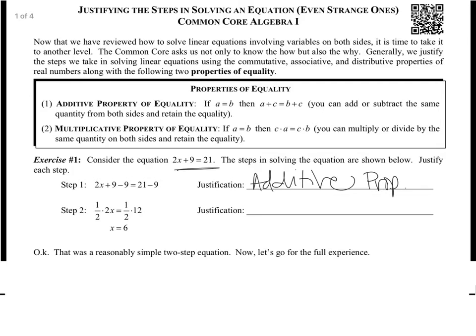And then the next one, where you multiplied by 1/2, that's the same thing as dividing by 2. That is actually called the multiplicative property of equality. That was reasonably simple. It was a two-step equation, so we're going to try a harder one.